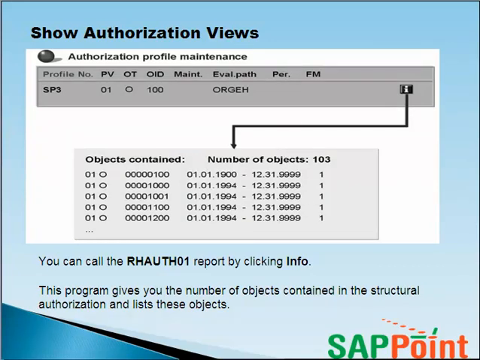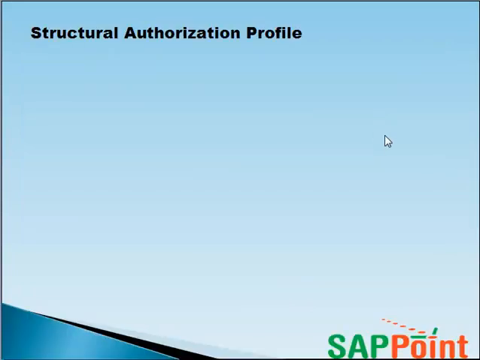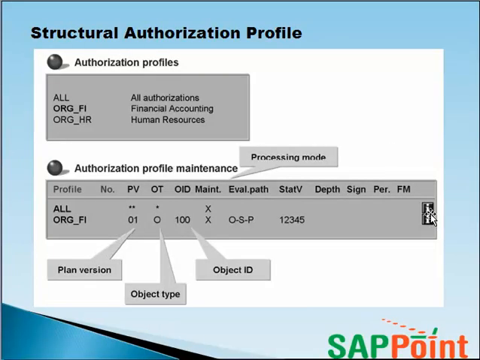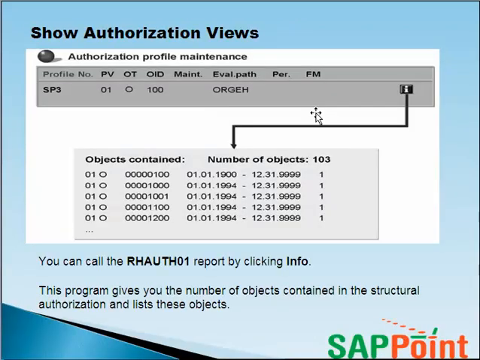Now, when you look at the structure profile definition, at the end of the definition you have an icon for I. Now, when you click on this icon, the system calls the report RHAUTH01.